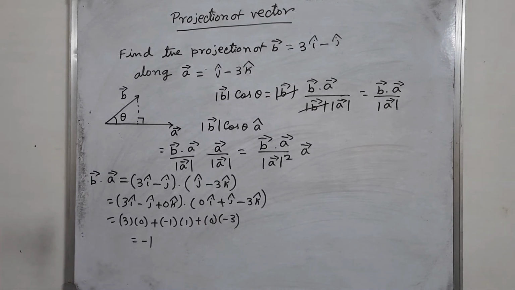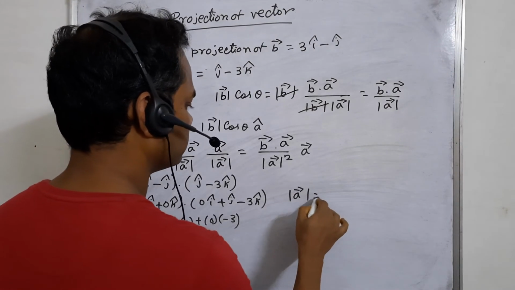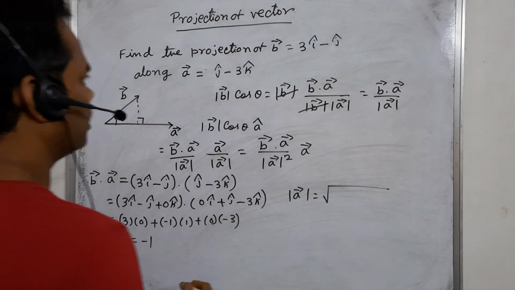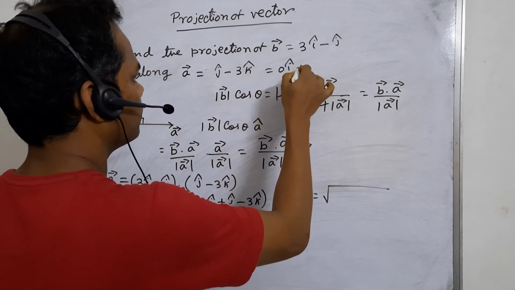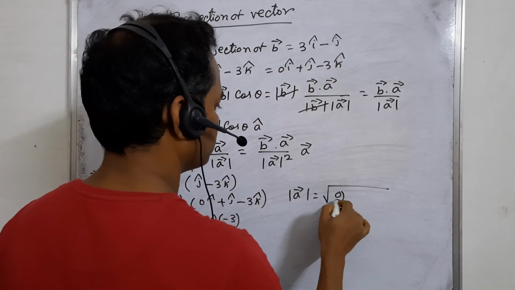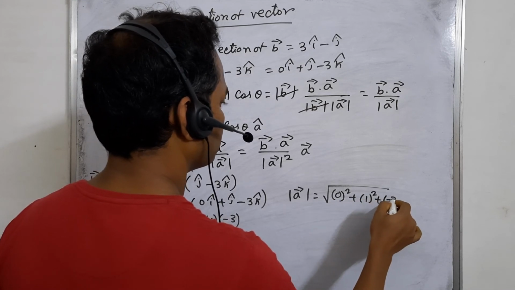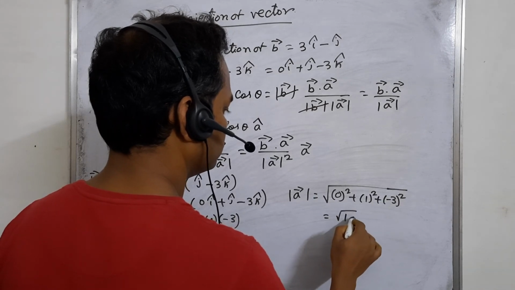And modulus of a vector, where a vector is 0i plus j minus 3k, is the square root of 0 square plus 1 square plus minus 3 square, so root 10.